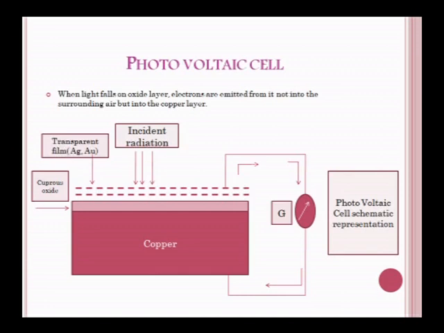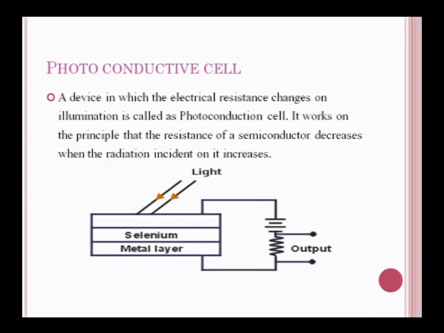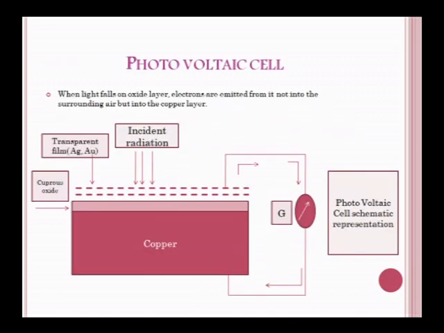This cell consists of a solid copper block, and on top of this copper block it is coated with the oxides of copper, and further on top of it there is a thin transparent layer, either made up of gold or silver, placed over the copper oxide.